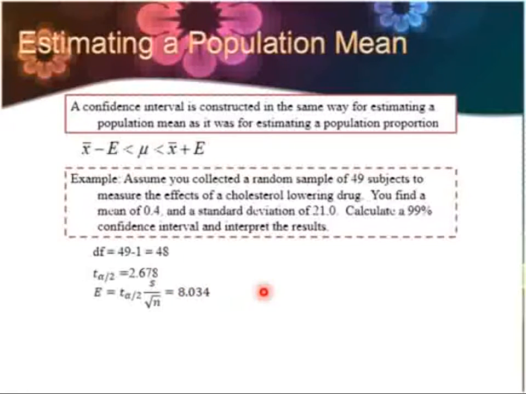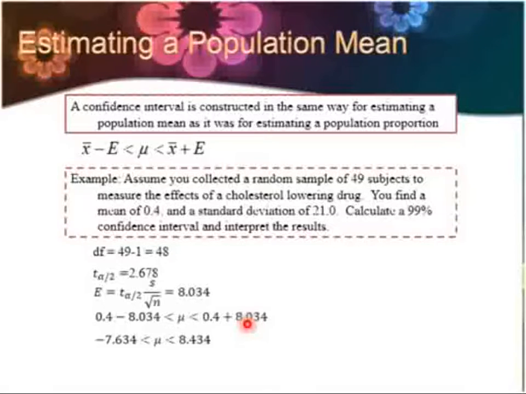To calculate my confidence interval, I'm going to take my sample mean and subtract off the margin of error for my lower estimate. Then I'm going to take my sample mean and add the margin of error for my upper estimate.